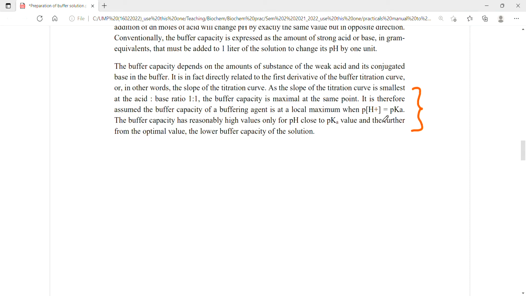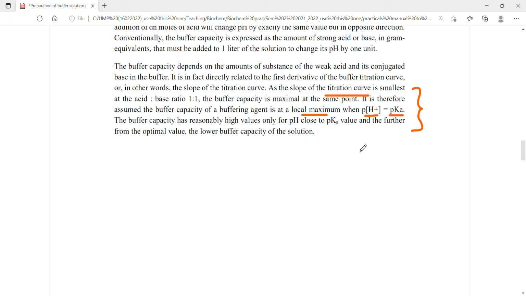It says that after you make the titration curve, the buffering capacity is strongest when the pH is close to its pKa. So when you do the titration curve and you know the pKa of that buffer, that's where it's the strongest.